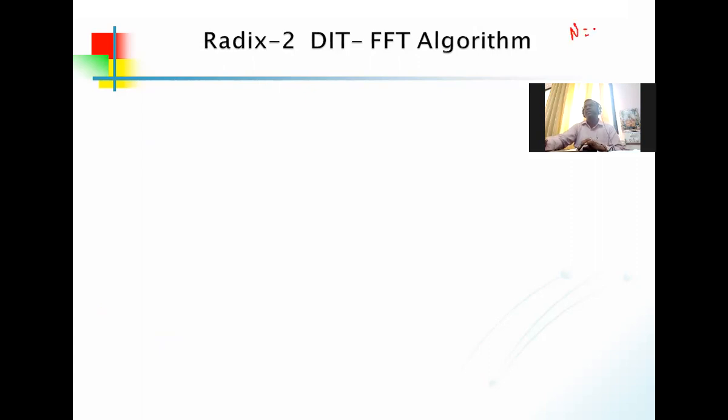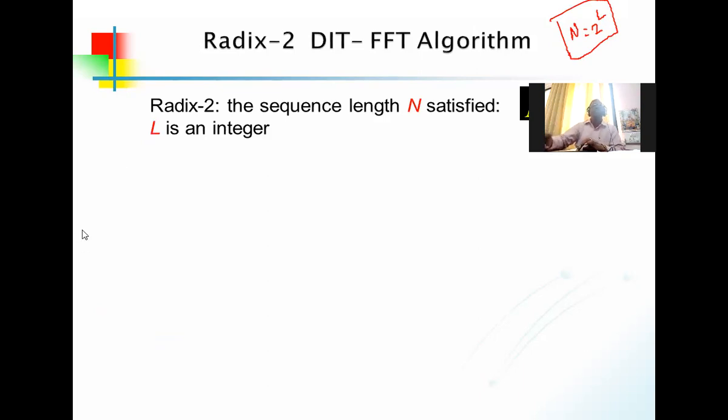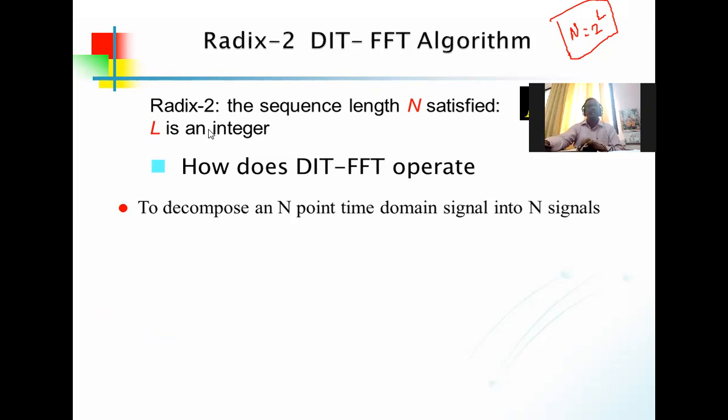N equals 2 to the power L; somewhere it is used as r, somewhere it is used as v. Don't get confused with that part, right? Notation is different. So this radix here indicates that the sequence length N satisfies N = 2^L, where L is an integer. So how does this DIT FFT operate? The first point is to decompose an N-point time domain signal into N signals, each containing a single point.